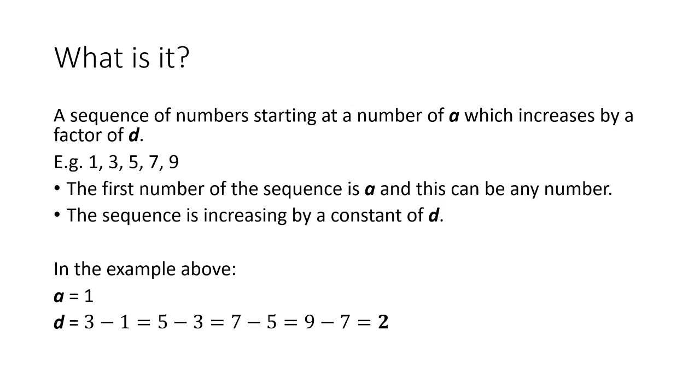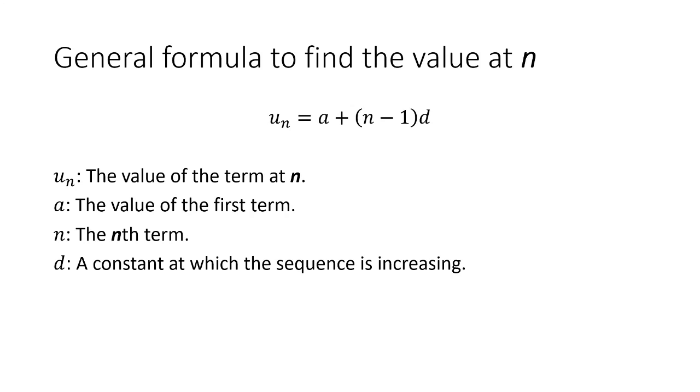Same for 5 minus 3, the third term minus the second term, etc. It comes out to 2, which makes sense because you can see how 1, 3, 5, 7, 9 is increasing by a factor of 2. So the general formula to find a value at the nth term.